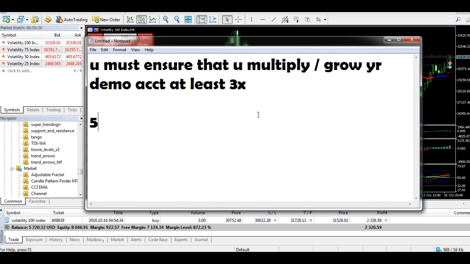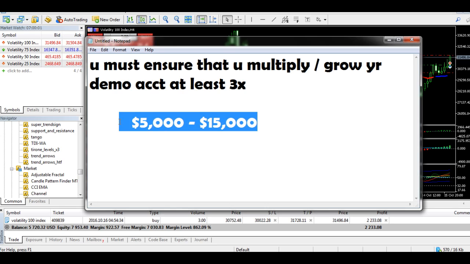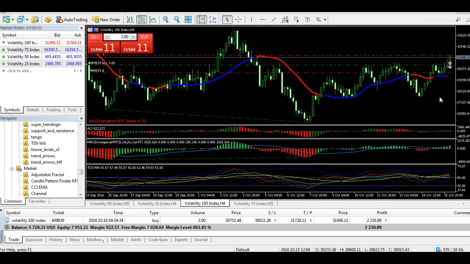So that means I should be able to do this. I should be able to try as much as possible to grow this from this to a minimum of this, and be able to master my strategy properly, if it's okay with me to go with and all that, before I would even try to start doing anything on a live account. So I'll wait for this to actually finish itself before going there.